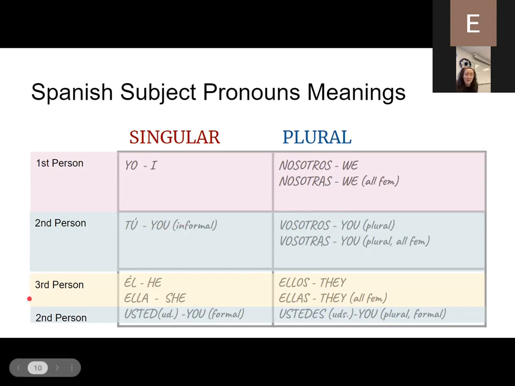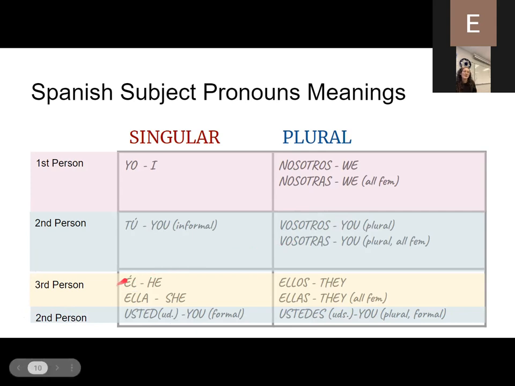And if you look at the very bottom of our chart, we have some additional second person pronouns. We have usted, then we have ustedes. Usted is the singular version of you, formal. And ustedes is the way to say you plural, or you all, everywhere else in the world. So ustedes and vosotros mean the same thing.